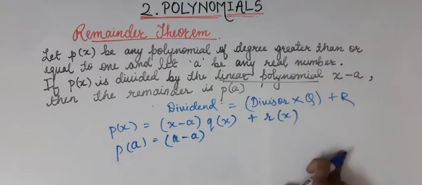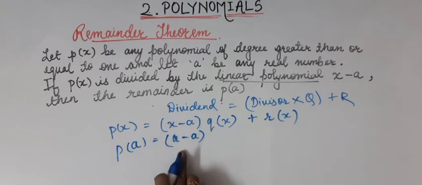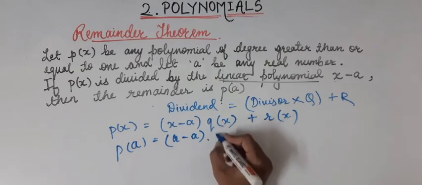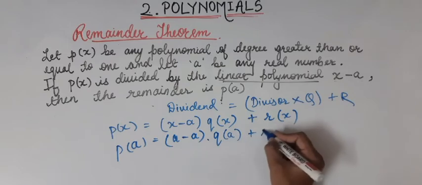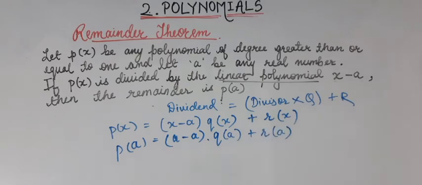So replace x everywhere with a. So x minus a will become a minus a, into q of x will become q of a, plus r of a, the remainder.